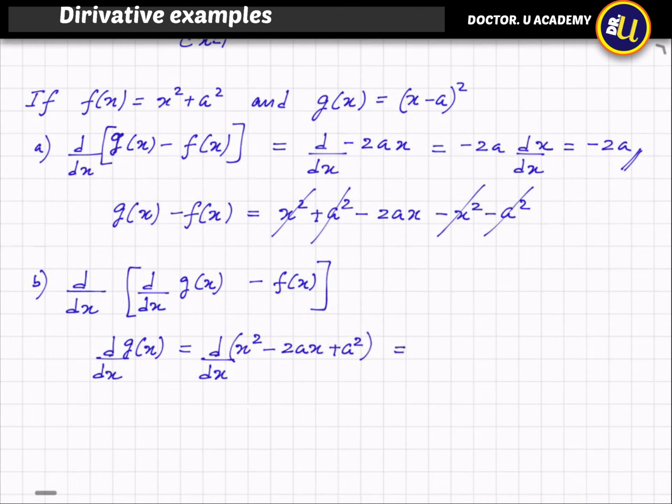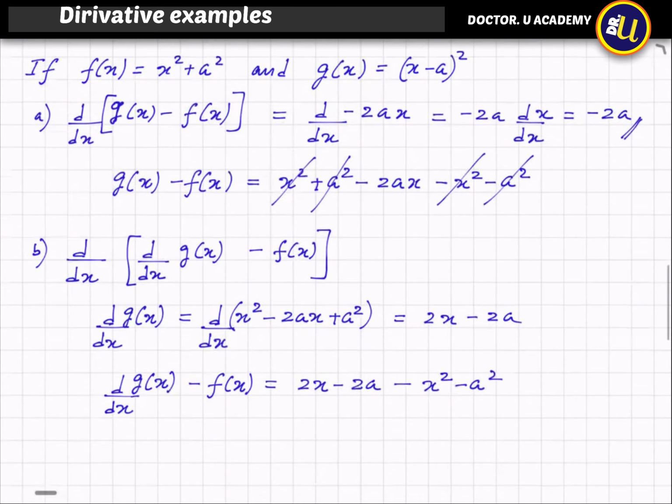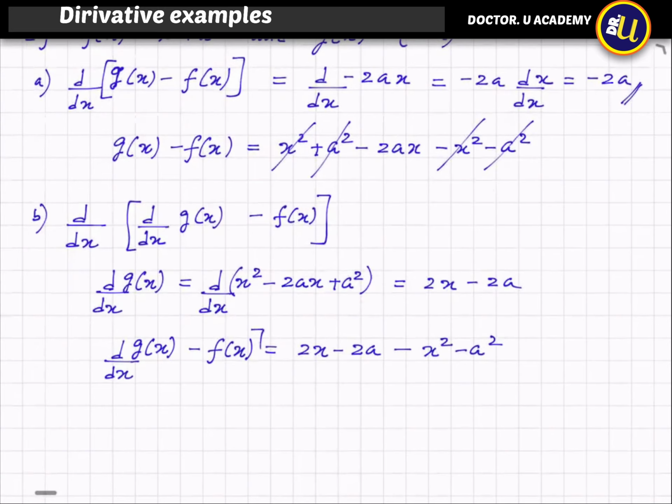So when you take the derivative of this one, this is going to be 2x minus 2a. Now if you have d/dx of g(x) minus f(x), so f(x) would be, okay, it's written here, so it would be 2x minus 2a minus f(x), that's going to be this, right? So now we have that term.